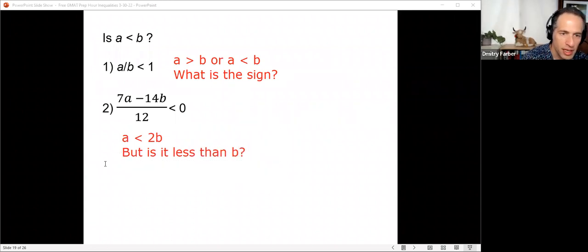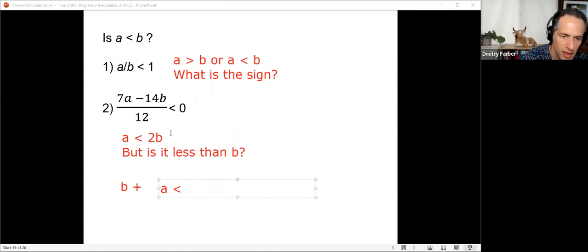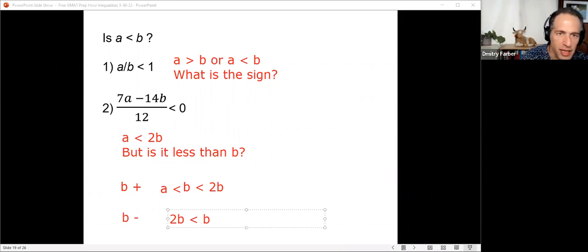Then we can say, all right, does this narrow down the sign when we put them together? If B is positive, then B should be less than 2B. And so if B is positive, A is also less than B. If B is negative, then 2B should be less than B, and that contradicts this case. And that's why together they're sufficient.